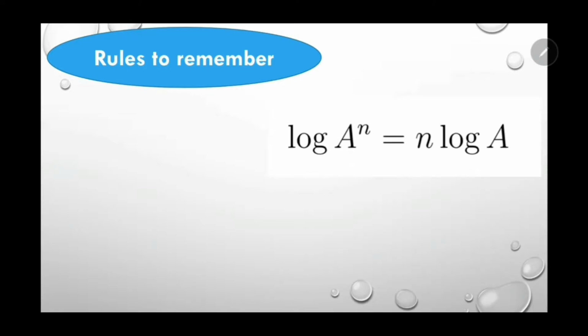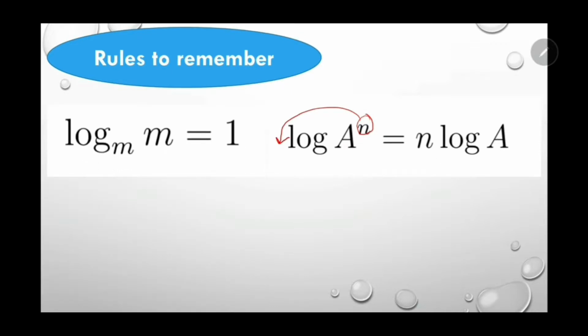Some important rules to remember before solving equations. The first one is log a power n equals n log a. This means that if we have an exponent n for a, we write it before the log, so it will be equal to n log a. And log m to the base of m: if we have the same number in the base and in the argument, this is equal to 1.